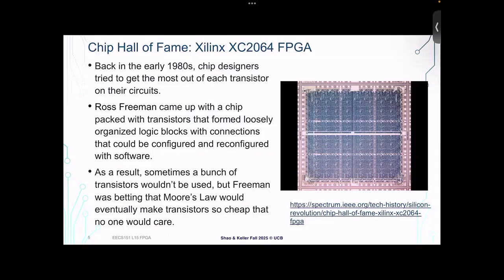And so this guy, Ross Freeman, had this radical idea that instead of every transistor is sacred, let's put down a uniform grid of these programmable logic blocks that can be connected in a configurable way. They can be reconfigured with software. They can be reprogrammed in the field. We'll call it a field programmable gate array, right?